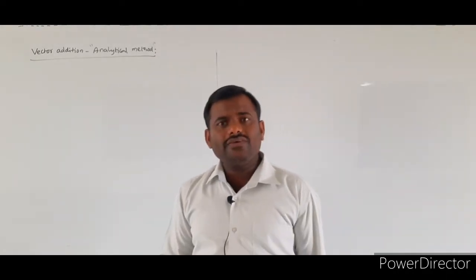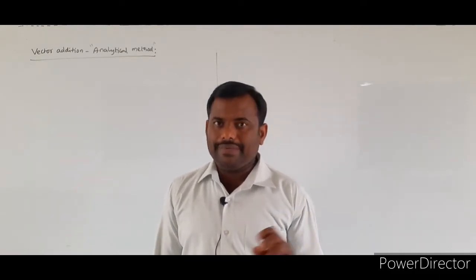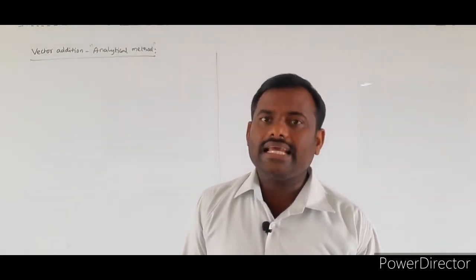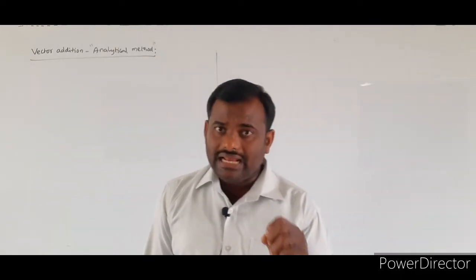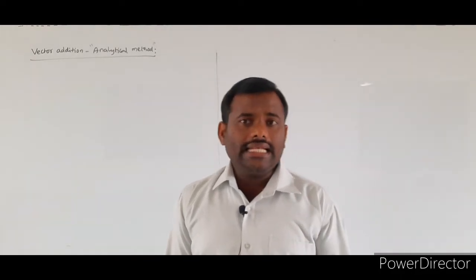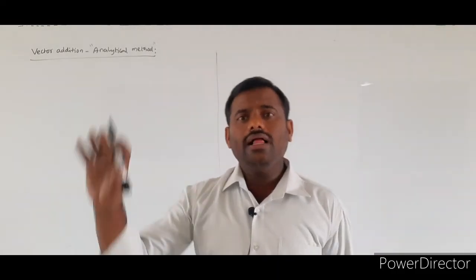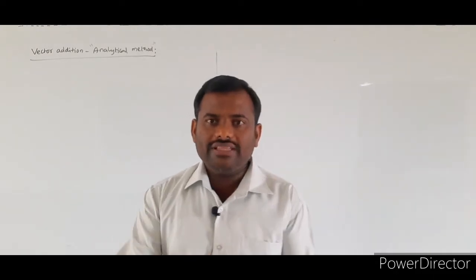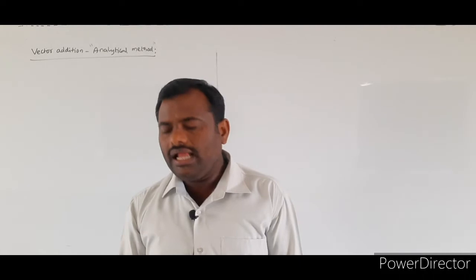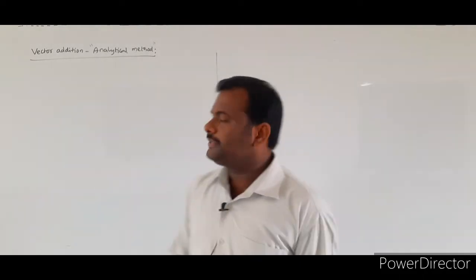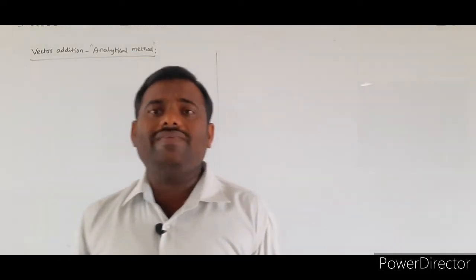In the graphical method, we drew two vectors represented by directed line segments, and the head of the first vector is joined with the tail of the second vector, and the resultant is drawn from the tail of the first vector to the head of the second vector. With that, we said these vectors are added vectorially. But coming to the analytical method, how can we add two given vector quantities?